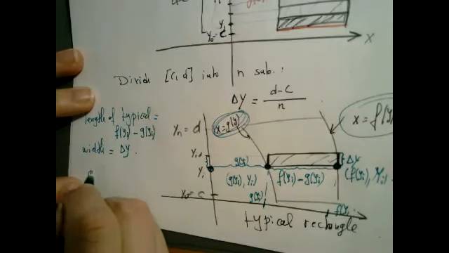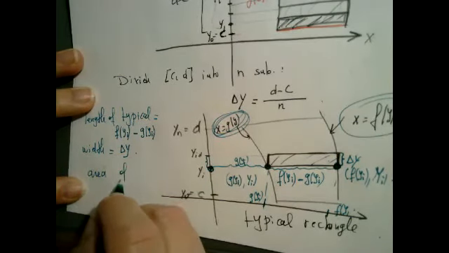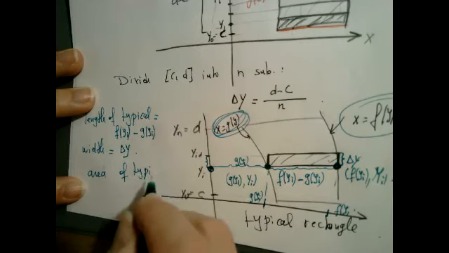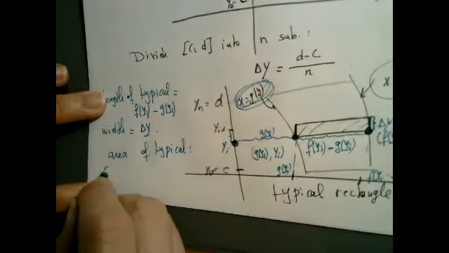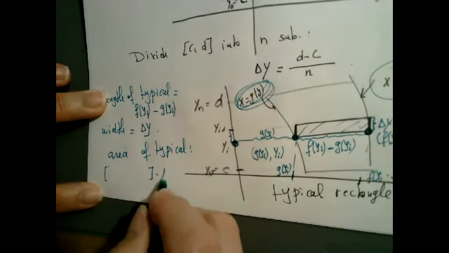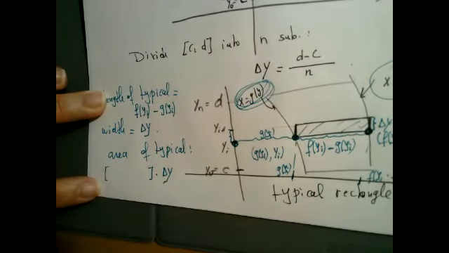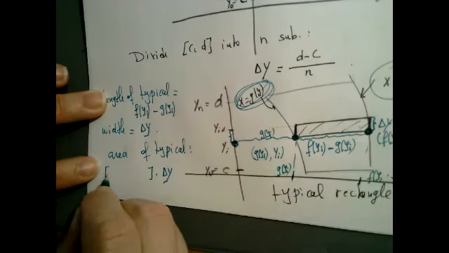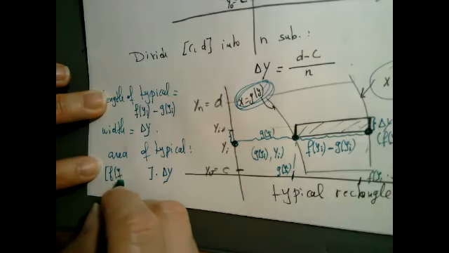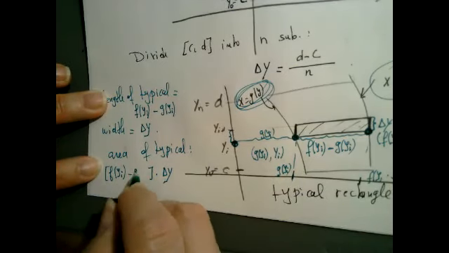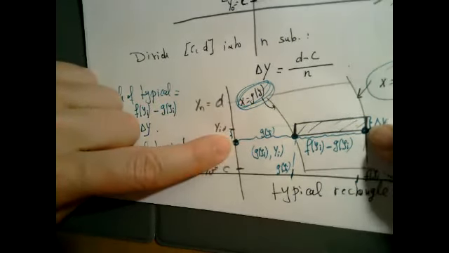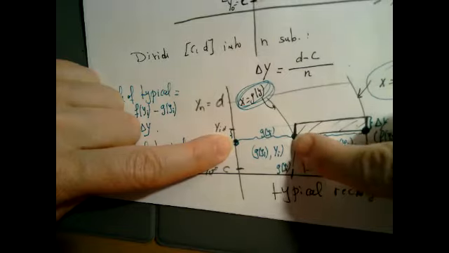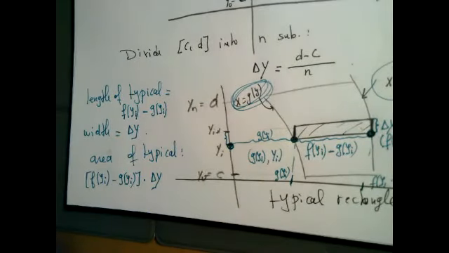So the area of a typical rectangle is going to be the length times the width. The width is delta y. The length is f of yi minus g of yi, because it's from here to here, you take away from here to here. That's a typical rectangle.